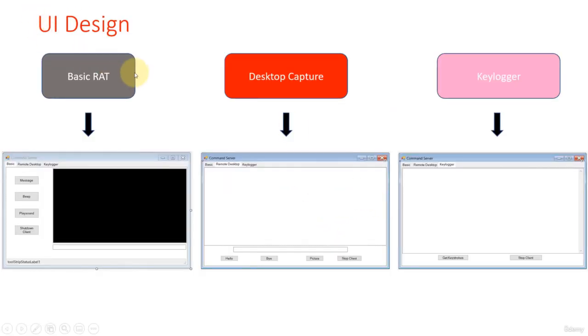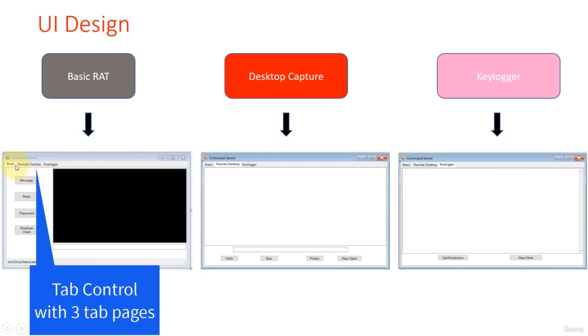So the user interface design for each of these components is as follows. We'll have the original user interface design, which we did in the very early lessons in this course, where we have a tab control that contains 3 pages.